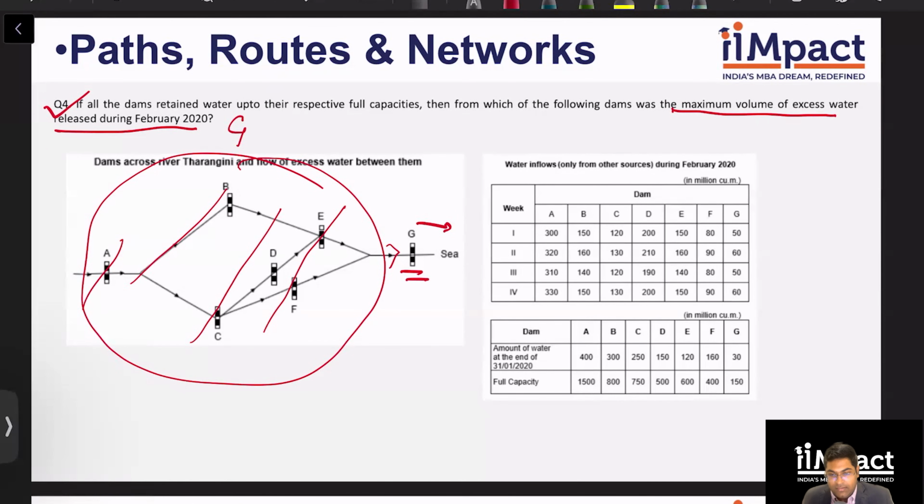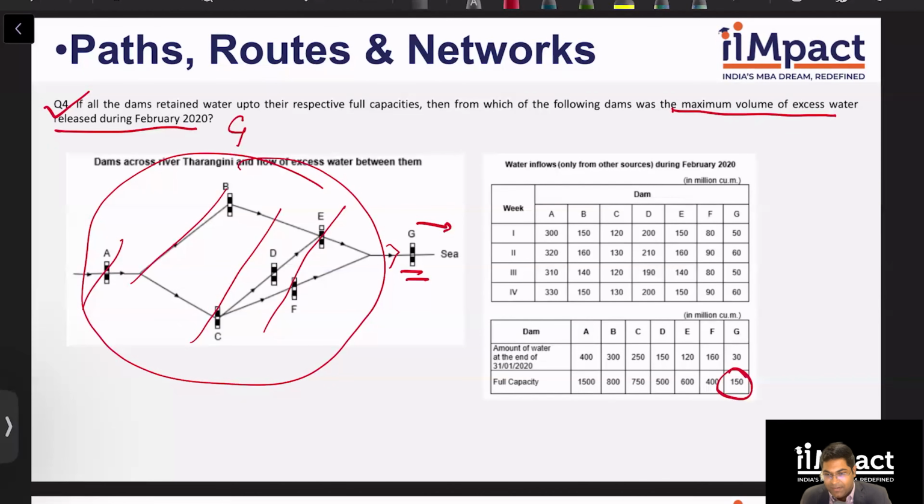The only exception would be if G's capacity were something really big, then it would be a different thing. But since G's capacity is the smallest in the network, this is a no-brainer question. Understood?